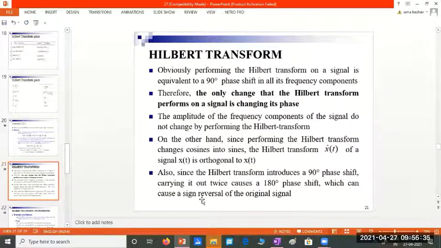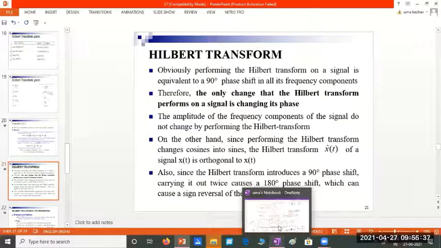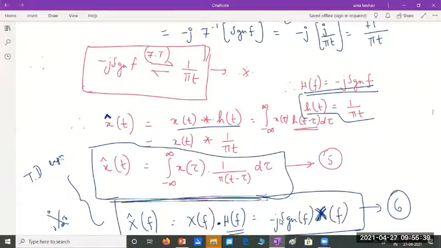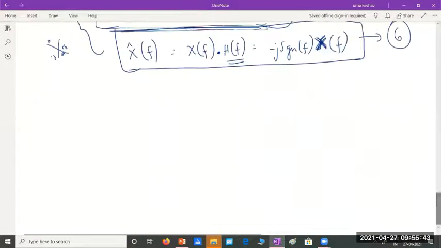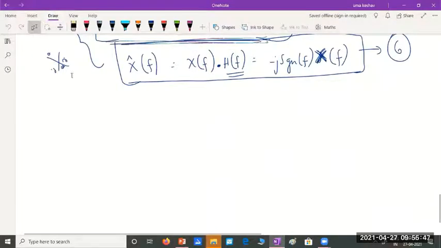Next, we'll see the mathematical representation of low pass and band pass signals. It's very important.